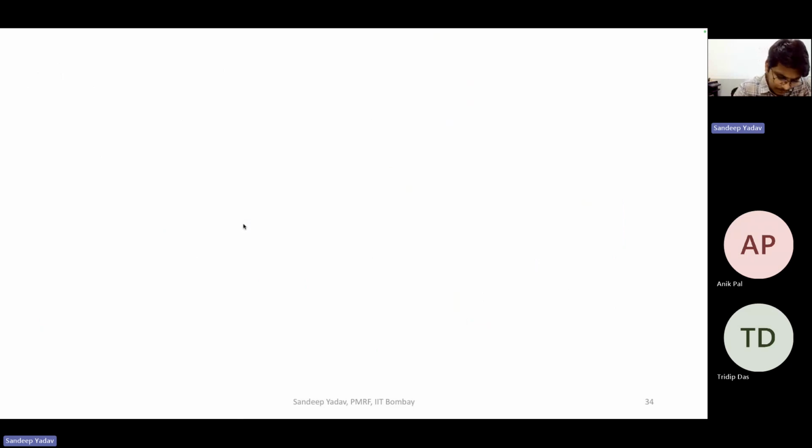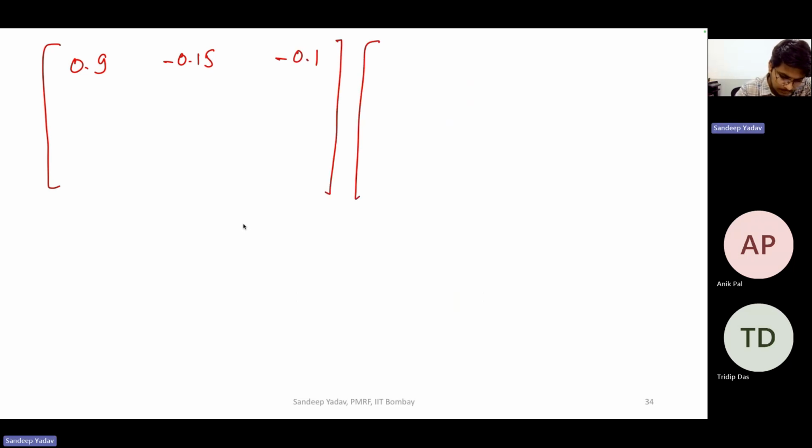The first row would stay the same: 0.9, minus 0.15, minus 0.1, and x1, x2, x3.